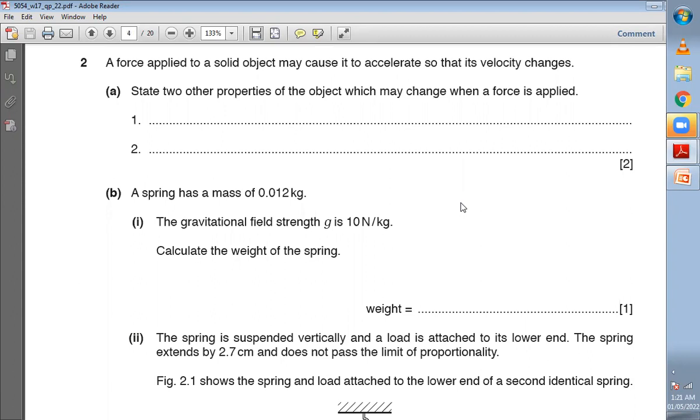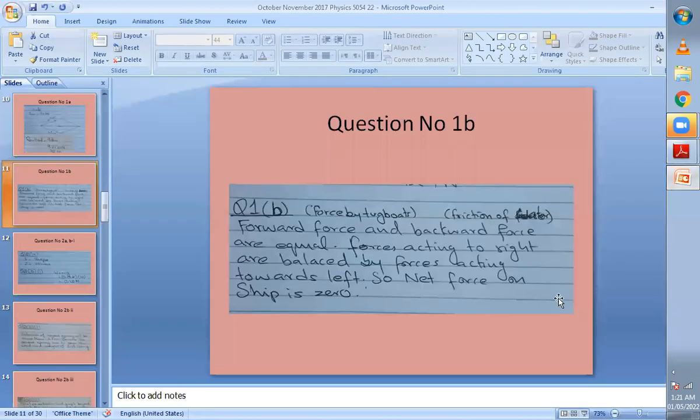These two things I have already mentioned in the question. So you have to name any other 2 properties which can change by application of the force. One can be the shape, the other can be the volume and the density. Okay, so the pressure can also be changed. So very easy. It's a very easy question.